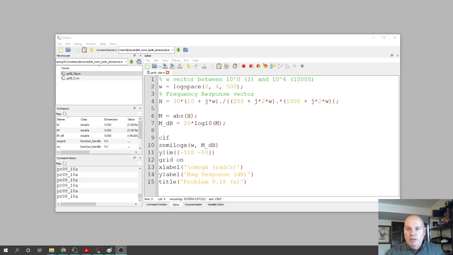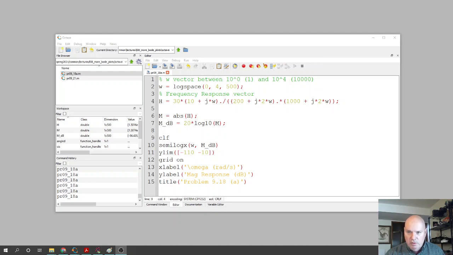And it's really easy to create these magnitude responses in Octave. So the first thing I do is create a frequency vector that contains all the frequencies at which I want to evaluate the frequency response. And so here I just use the logspace function to do that.